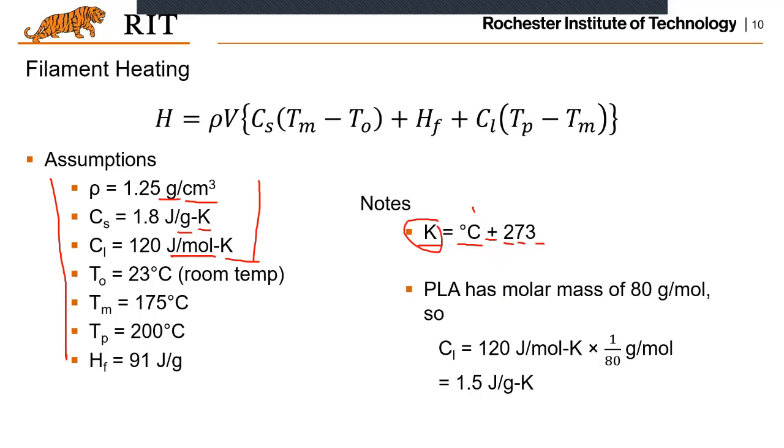Another one is gram per mole. For different materials, there will be different molar masses. For example, PLA has 80 gram per mole. Therefore, for the heat capacity, which is joule per mole per K, what you want to do is multiply by 1/80 mole per gram, and it turns out you will have this converted to per gram instead of per mole.